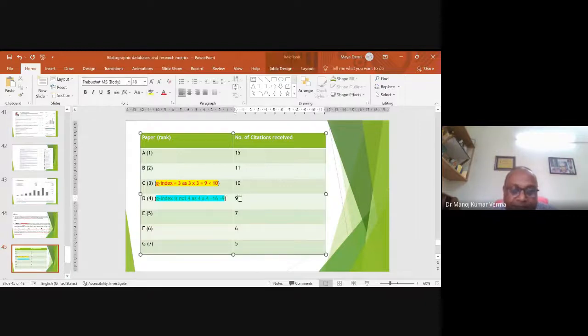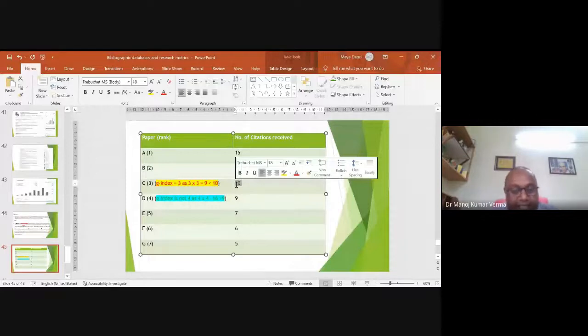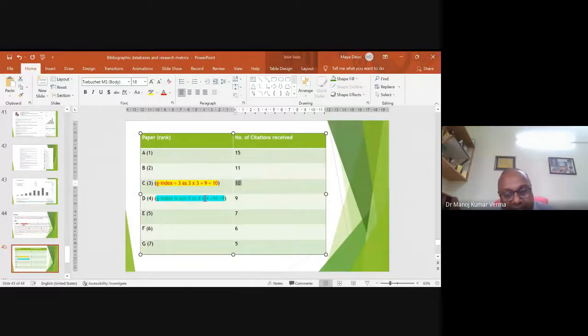So here the G index will be 3, because G of 3 means 3 times 3 equals 9, and the third paper has 10, which is more than 9 citations. If you come to the fourth one, the G index 4 means 4 times 4, the citations needed would be 16, which is more than what is available.